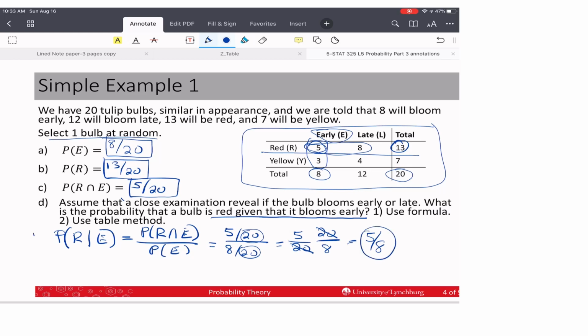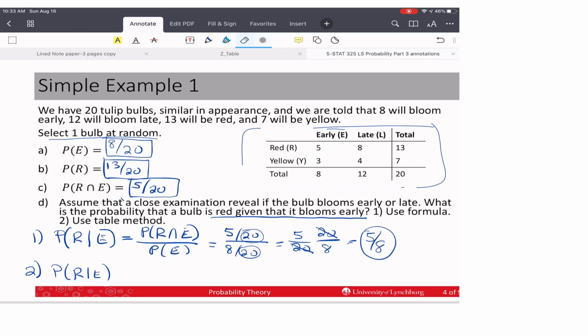Now this is using the formula. I can also use the table to find this directly. And here we're going to change our perspective, and I'm going to clear this up a little bit. And so what we do here is we say we're only interested when E is true.